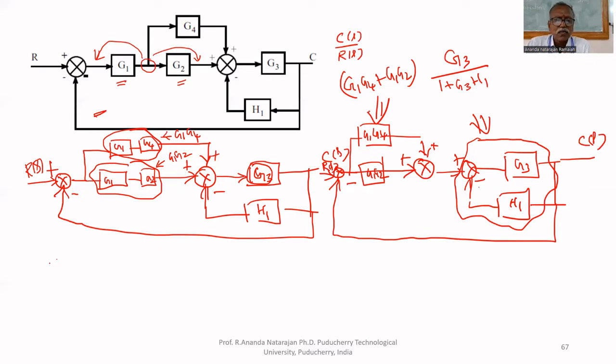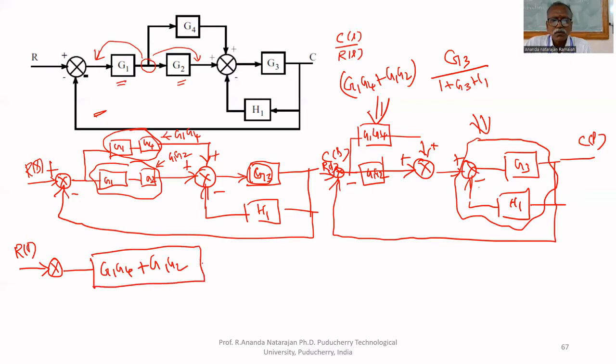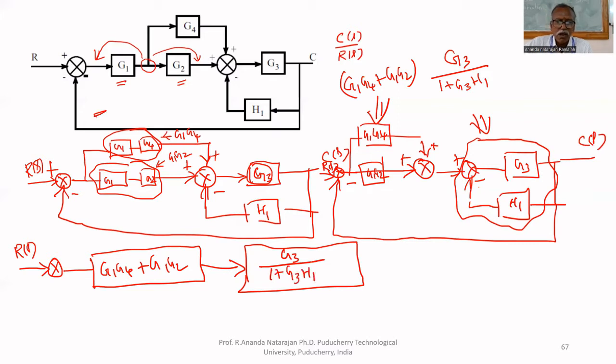So we can simplify the given block diagram as in this, G1 G4 plus G1 G2, and it is given to G3 upon 1 plus G3 H1.